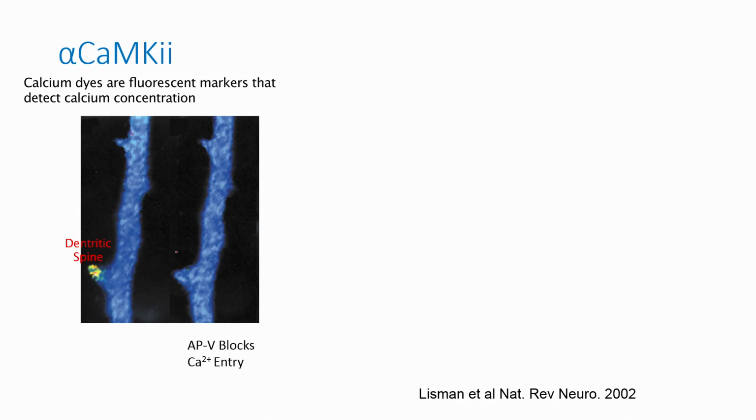So, what they have done is they have taken this neuron and loaded it with the calcium dye, and they went near the spine and then locally uncaged through a photochemical process. You can release a bunch of glutamate molecules.